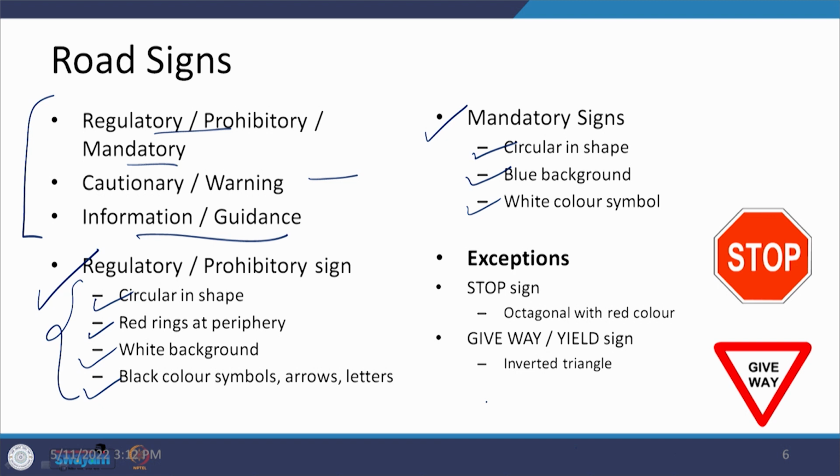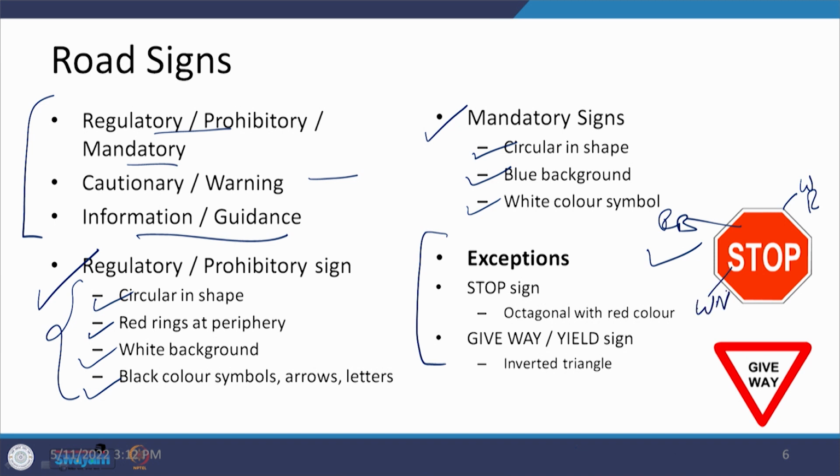Within these regulatory and prohibitory signs, there are exceptions too. The first exception is the stop sign, which is octagonal in nature, not circular. And instead of a red ring, it has a white ring, and instead of a white background, it has a red background, and the notations, instead of being black, are white.